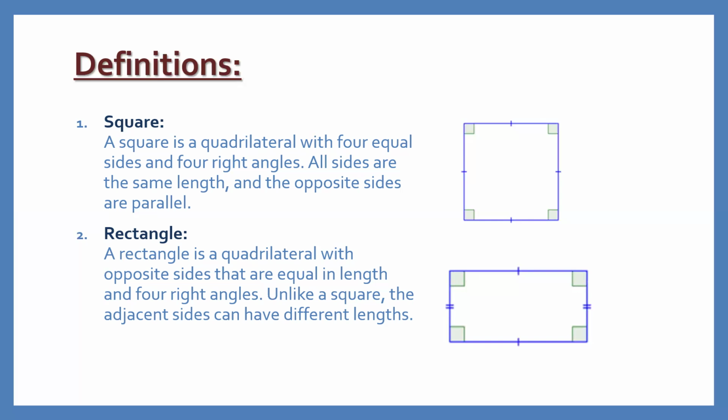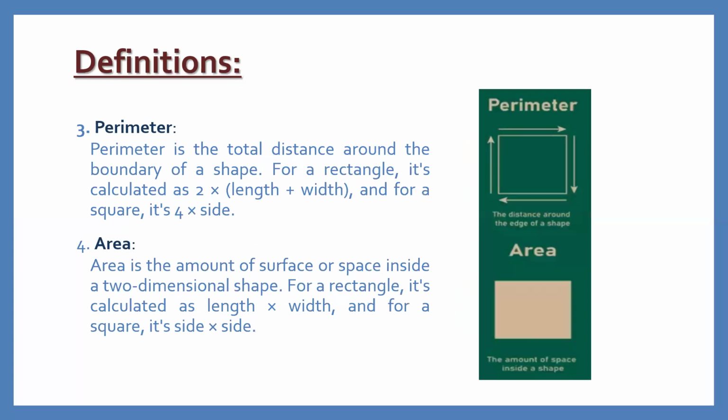A rectangle is a quadrilateral with opposite sides that are equal in length and four right angles. Unlike a square, the adjacent sides can have different lengths. So actually, in a rectangle, opposite sides are equal, adjacent sides are unequal, and all angles are equal to each other, which is 90 degrees.